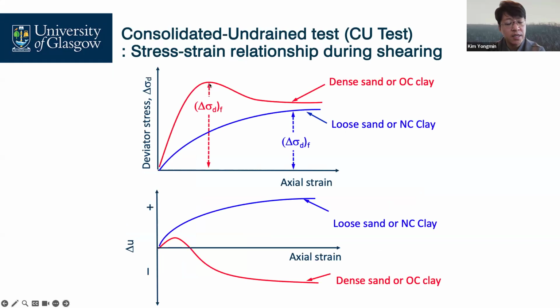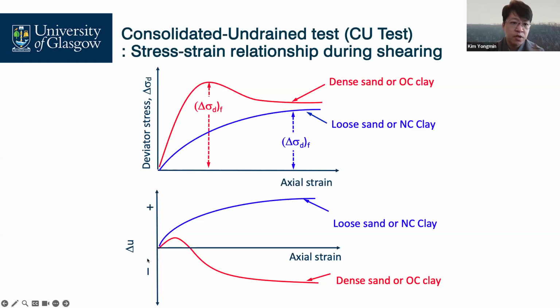Can you see that after the peak value, the axial strain increases without increases in deviator stress? In these stages, we call it the critical state of the soil and consider it as failure.